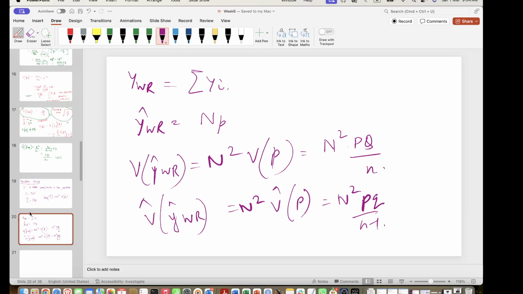Alright, similarly, so this is Y total, so this is total counts in the with replacement scenario.